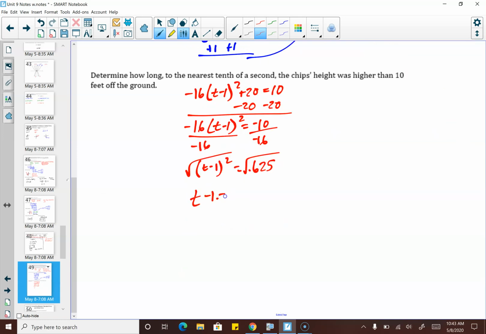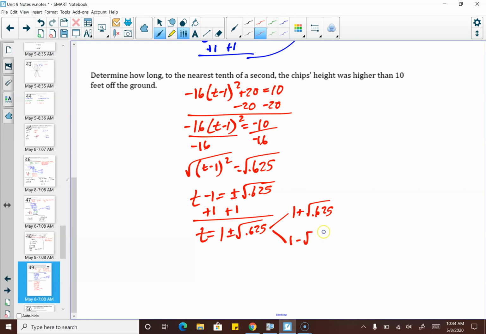My suggestion is do the same exact thing we just did, so plus or minus square root 0.625, add the 1 to both sides, and we have 1 plus or minus square root 0.625. So now we'll do the same thing, we'll split it. We'll go 1 plus that square root, and we go 1 minus that square root, all right?